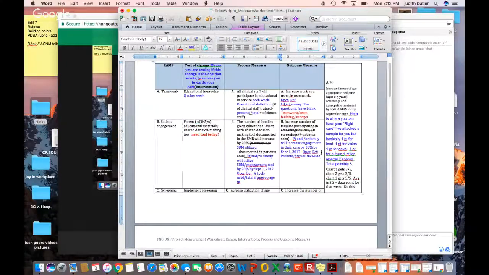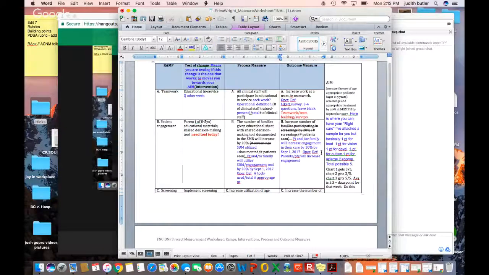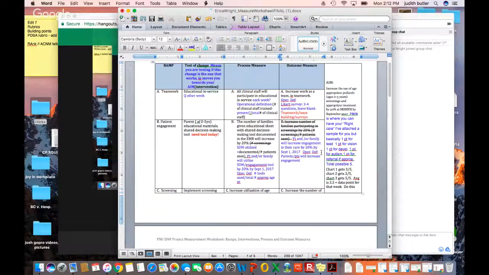Ideally, they would move forward with the screenings, but also that they have been part of the process of making the decision, engaged and informed, either way, whether they participate or not. So you're not going to say you want them to do it because that's a choice. You'd like them to have the screening, but they're increasing their engagement.